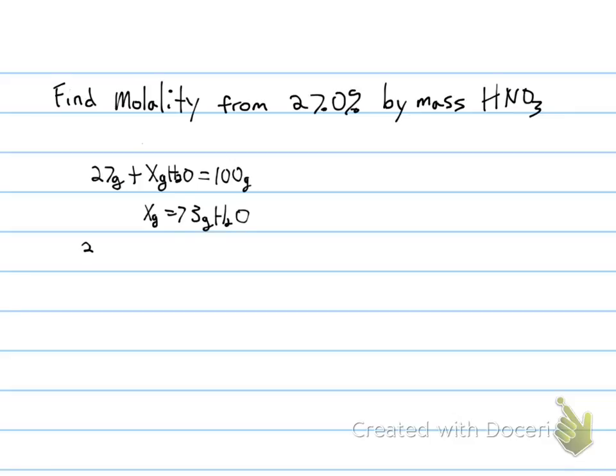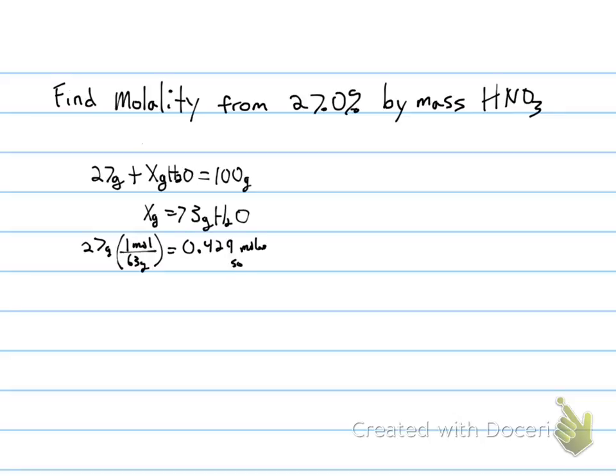Now let's convert our solute to moles, because we're looking for molality. So 27 grams divided by 63 grams per 1 mole is going to give us 0.429 moles of HNO3.